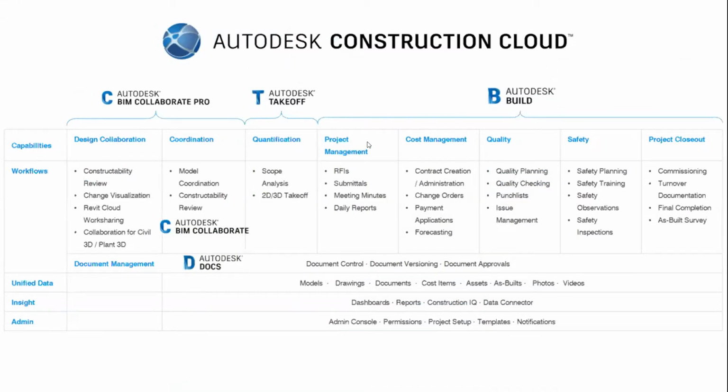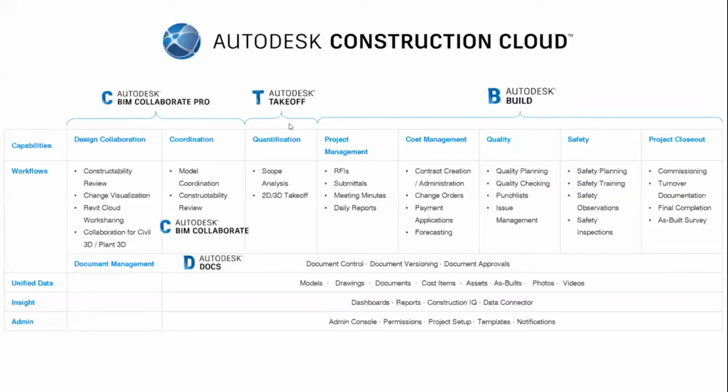As we have said earlier, this is for project and cost management. So this includes meeting minutes, daily reports, change orders, and also quality planning, quality checking, safety planning, safety training, and for project closeout, we have commissioning, turnover documentation, final completion, and as-built survey.